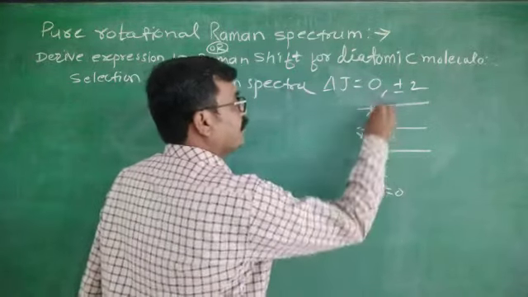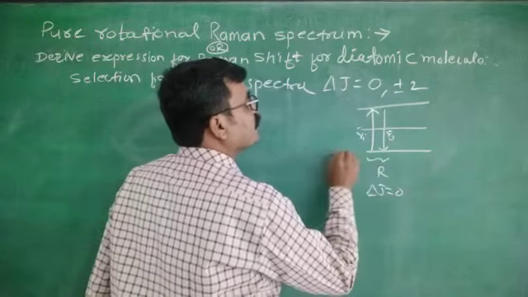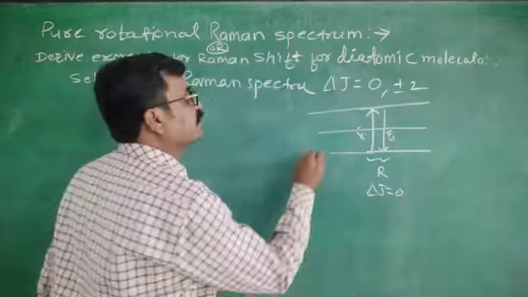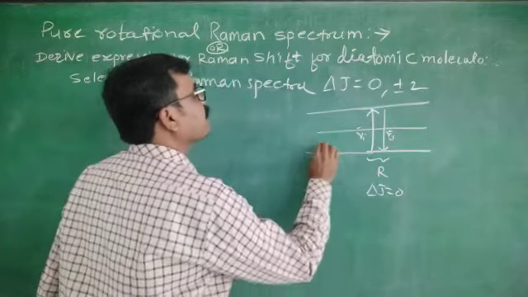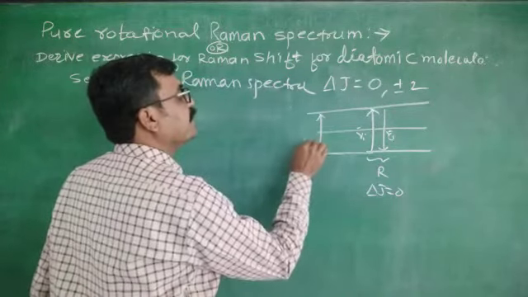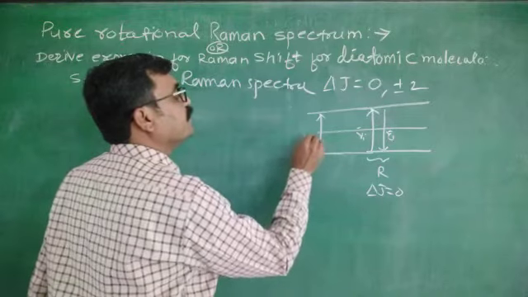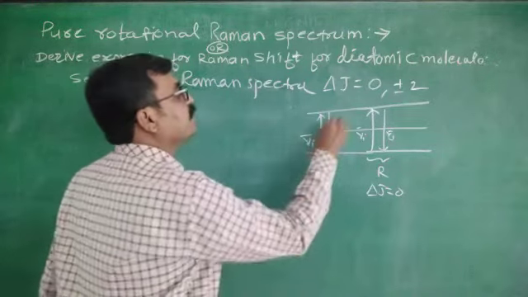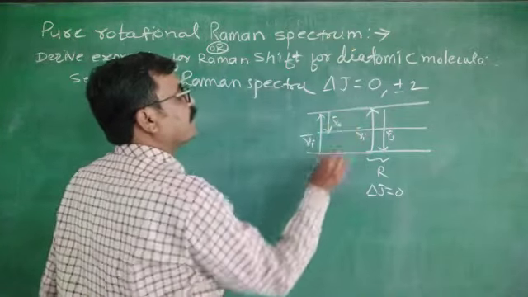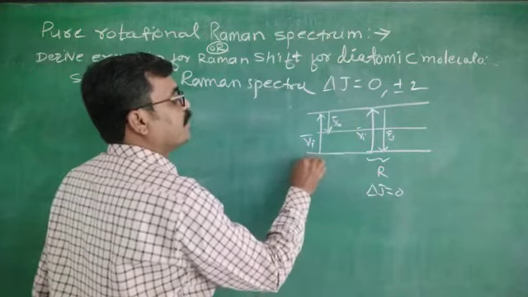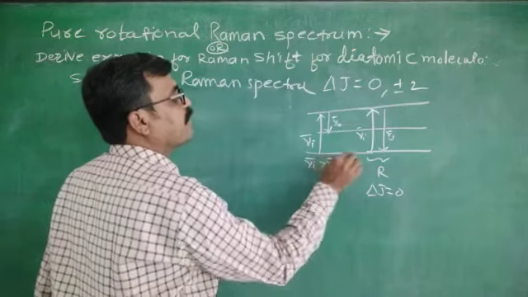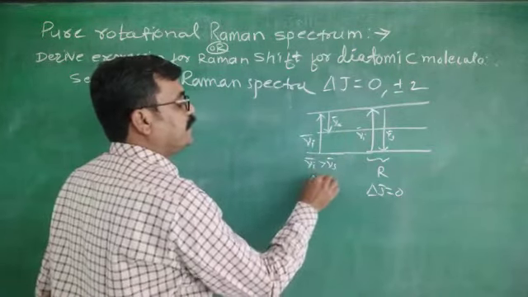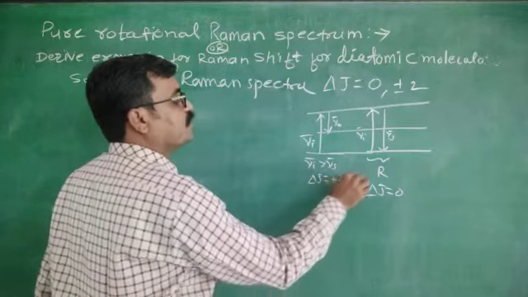Now suppose the line is a Stokes line, then if this is the incident light of frequency nu I bar, the scattered light will be nu s bar. Here nu I bar is greater than nu s bar, it is the Stokes line, and it is obtained when delta J equals plus 2.